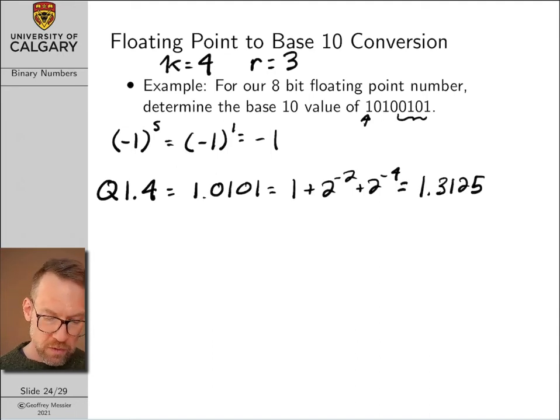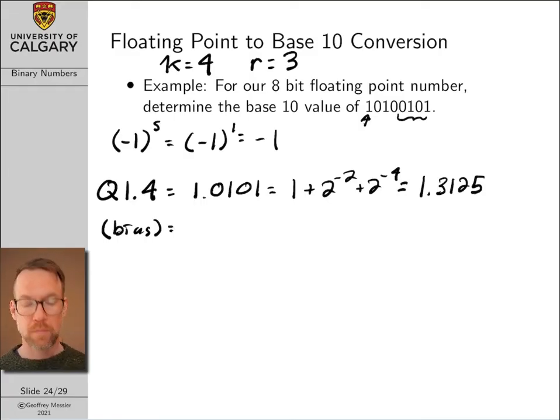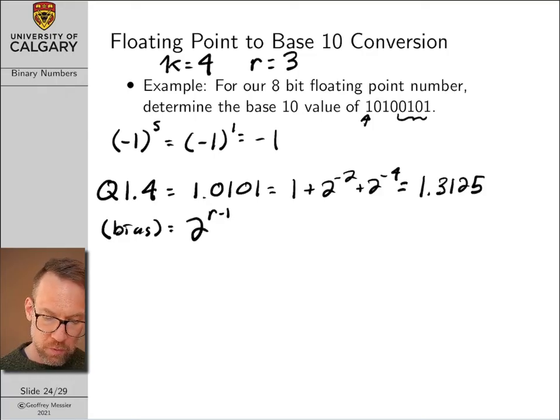The first thing we need to do is figure out the value of our bias term. Because we have 3 exponent bits, the value of our bias term, again, is 2^(r-1) - 1, which is equal to 2 to the 3-1, minus 1, or 3.